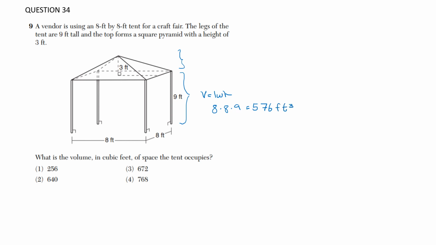Now the volume up here, the volume of a square pyramid is 1/3 length times width times height, right? With length and width representing the base. So we know that this measurement here is also 8 feet, and this measurement is also 8 feet.